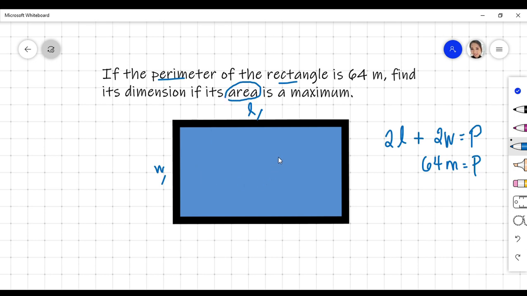Yung area is the space inside the rectangle. So, we have to find what should be our length and our width so that the area is maximum. Ibig sabihin, we want the area to be the highest possible value.